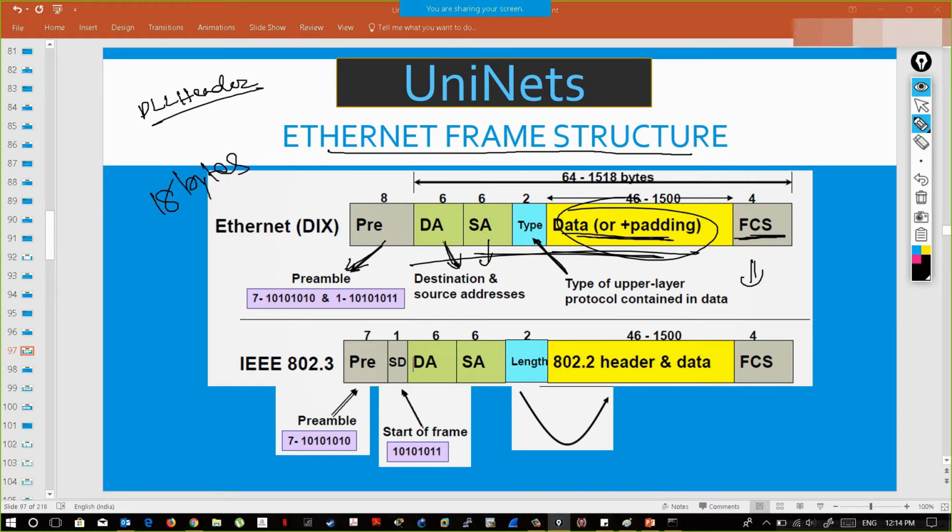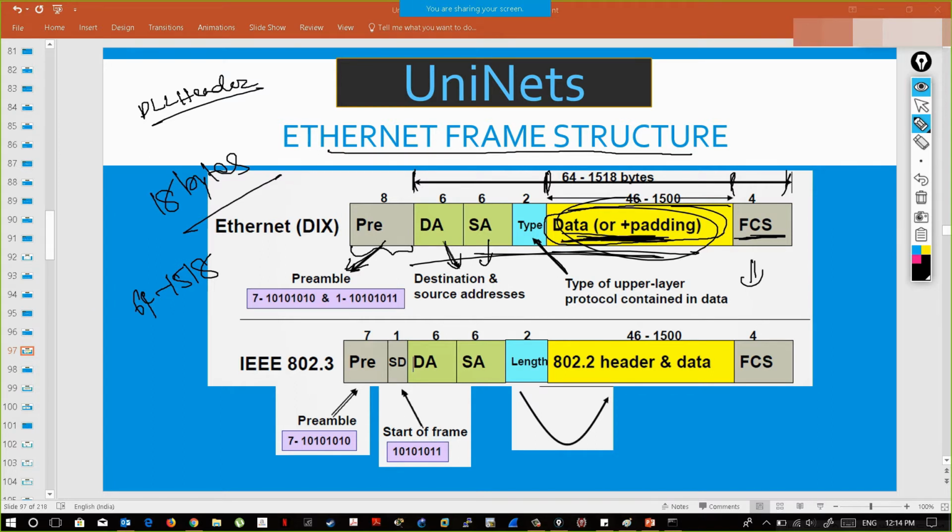We don't include this also. Only from here to here plus here to here. It will be 18 bytes. If you include this, then it will vary from 64 to 1518 based on the data.